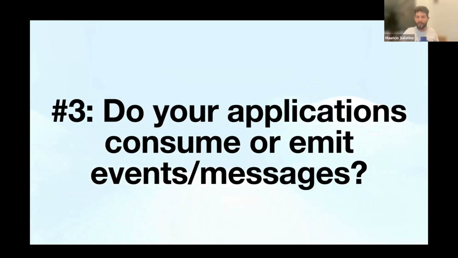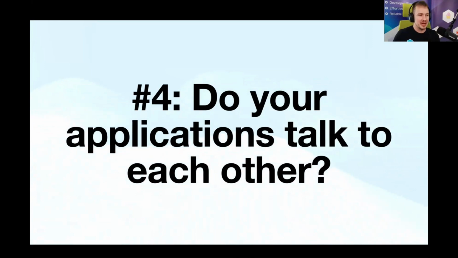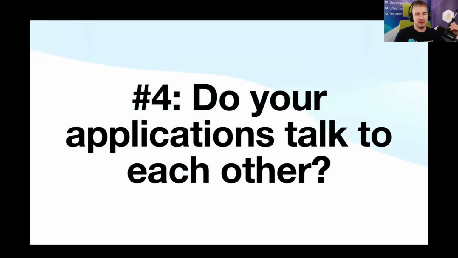And then the last one: of course, if you have multiple applications and services, they will talk to each other, right? You will need some mechanism to make sure that application A can reach application B and they can exchange information. That's how you build more and more complex systems. Yes, and this communication can be through a direct invocation, like a REST API or any other protocol like gRPC, or it could be through message brokers as well.